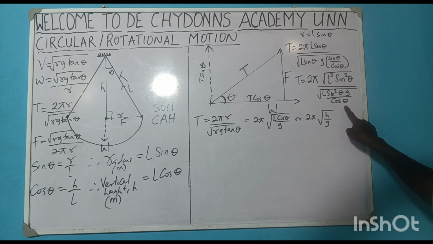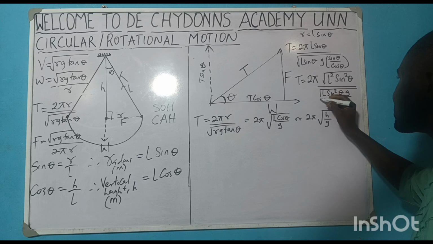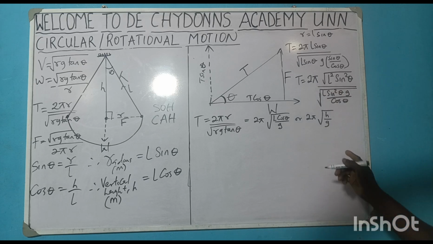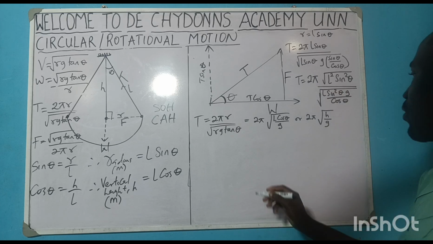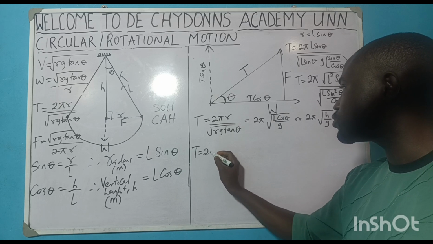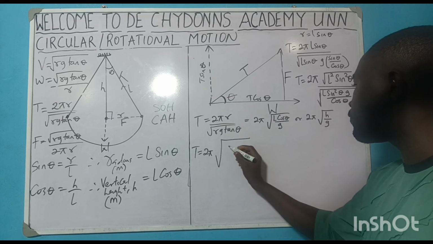Now, as you are seeing, all of them are inside square root. So what I will do here is say T is equal to 2 pi square root of what?